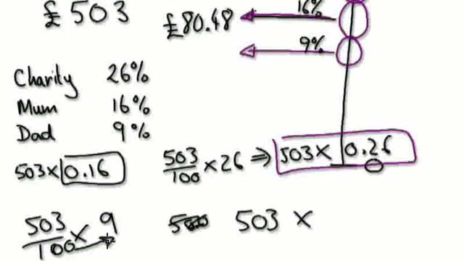But we are going to move this 100 across, so it's 503 times 9 over 100, which is 0.09.